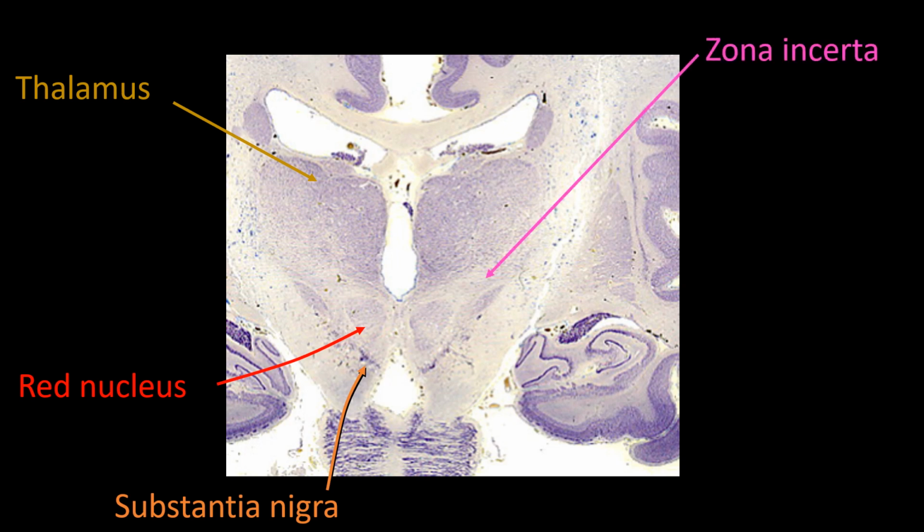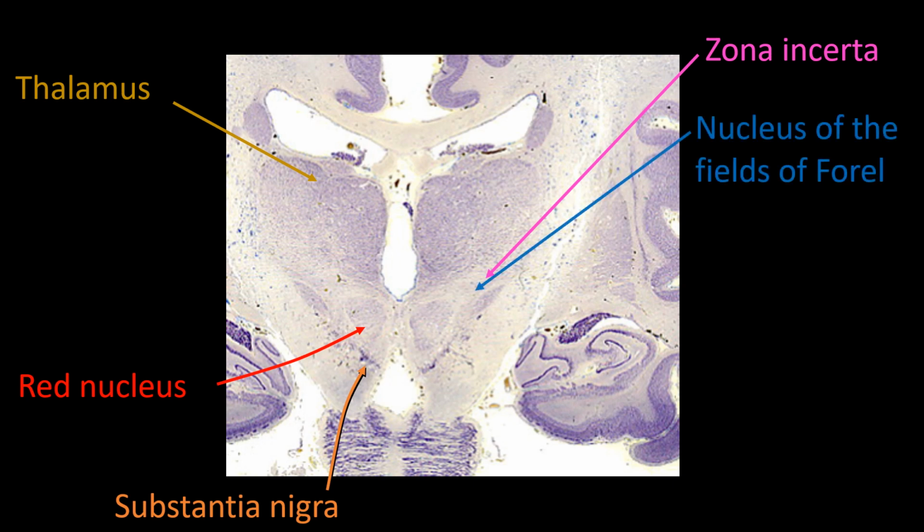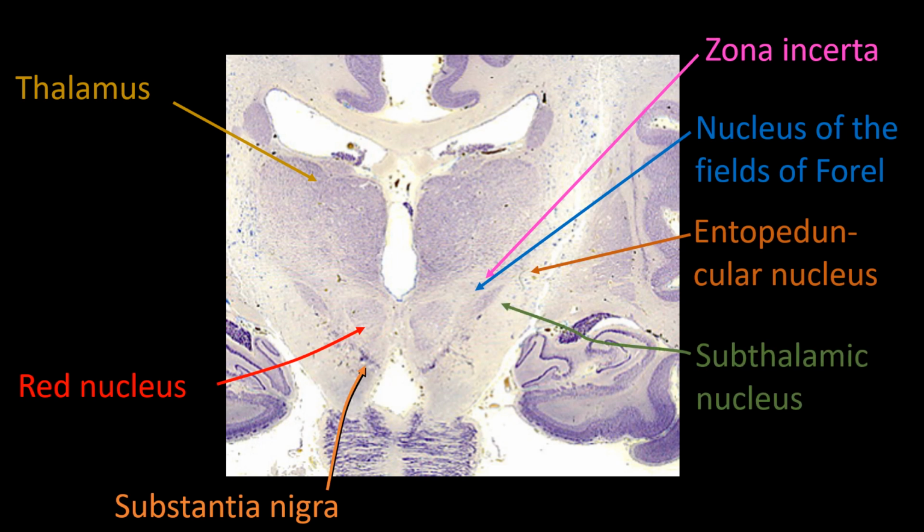These structures are the zona incerta, an important nucleus in the control of movements, the nucleus of the field of Forel, also involved in movement coordination, the entopeduncular nucleus, another movement coordination area, and the subthalamic nucleus of Luys.